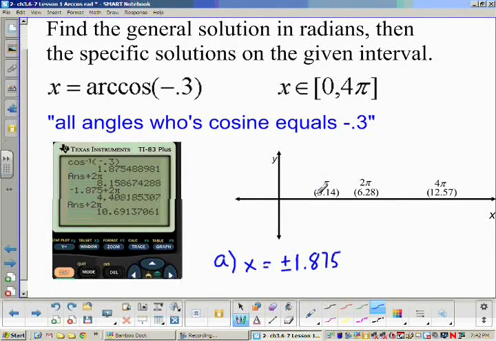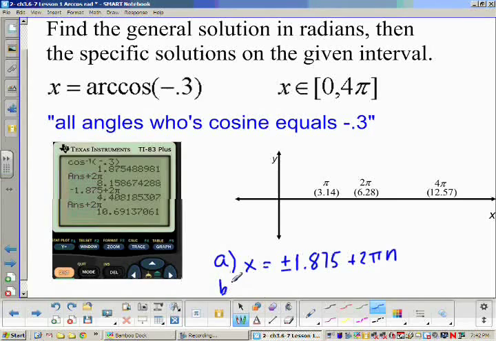Another thing to notice is that this value, 1.875, your calculator has something called the principal branch programmed in. It knows how to find a certain value or a range of values that we then can use addition and subtraction of periods to find all possible values. So we'll be using the principal branch the calculator gives us to get all answers. And then we add 2 pi n. This will give us all values.